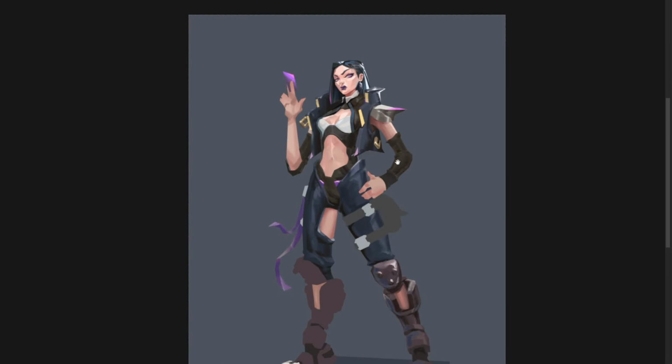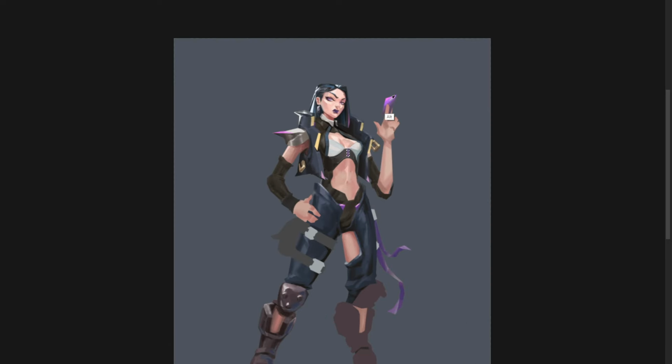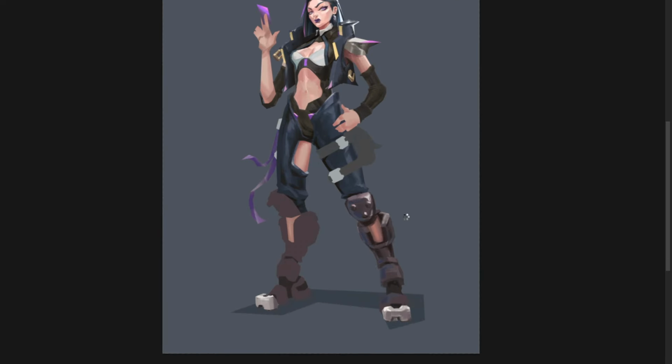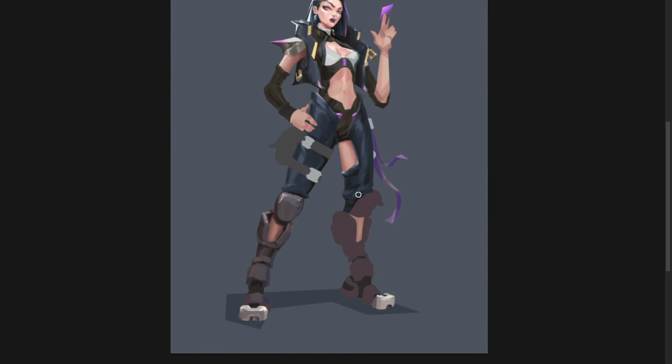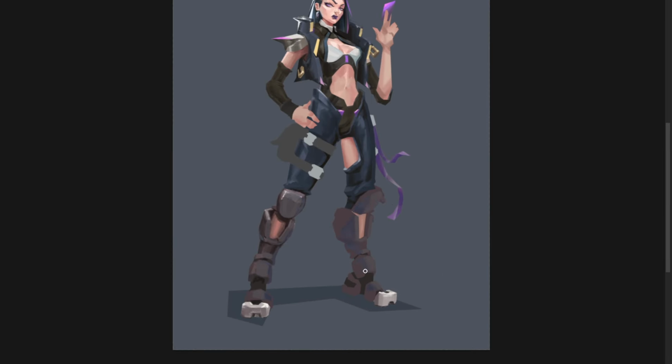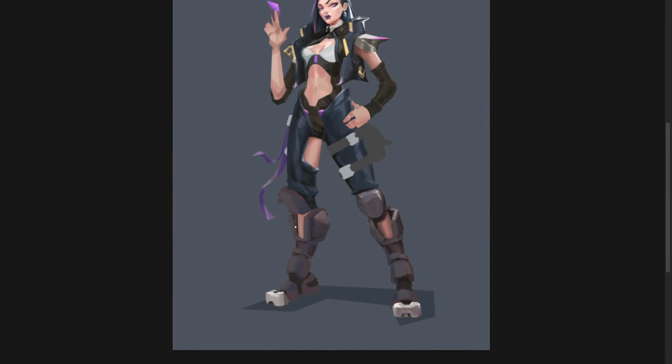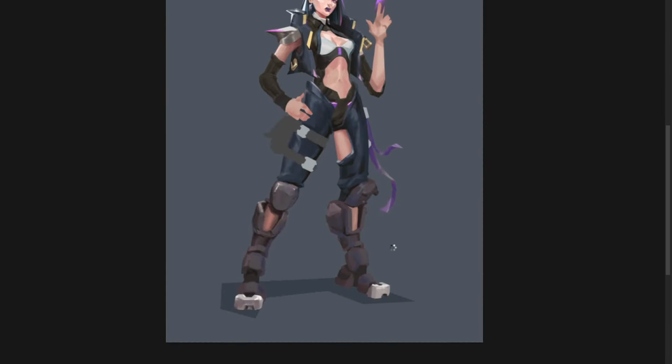And I've definitely seen that in other lead concept artists. I've also seen that in myself at times. But I think there is a beauty behind it. I think there is something to be said about it.